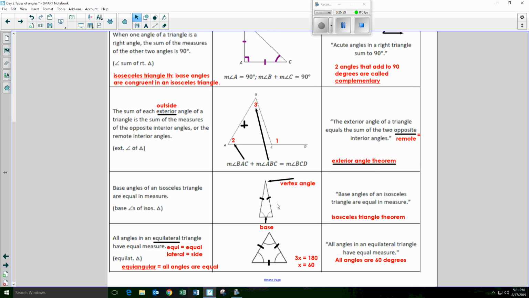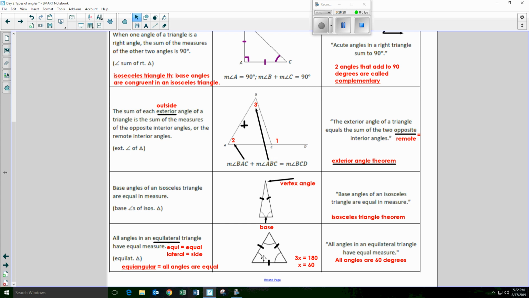Okay. Next one, all angles in an equilateral triangle have equal measure. Equa means equal and lateral means side, so equal sides. If I have all three sides equal, that's an equilateral triangle. If I have an equilateral triangle, then all three angles must be equal, and that's called equiangular. Equal angles. All the angles are equal.